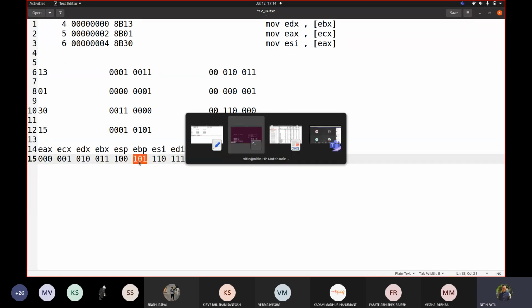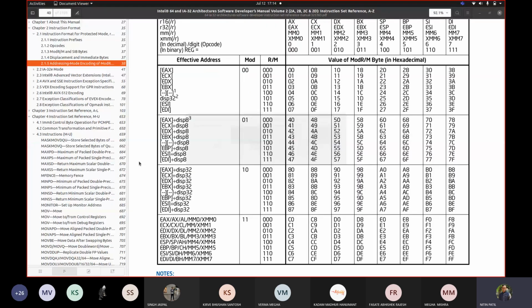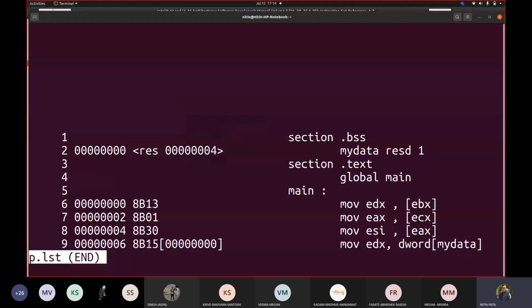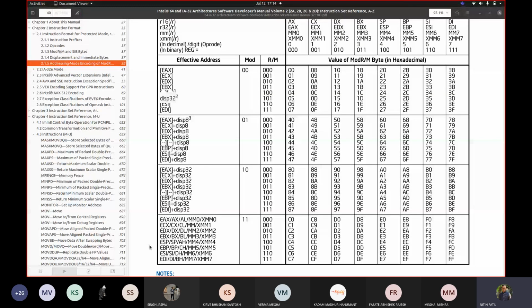But we already saw that EBP cannot be in the bracket. It is saying that it is displacement 32, a 32-bit address written there as in a memory, so ultimately it is going to pick it as this 15. So if I see 15 here somewhere, it is taken with EDX.